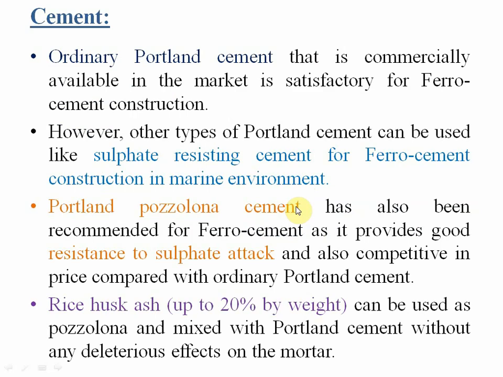The cement used for the production of ferrocement can be ordinary Portland cement, which is also easily available in the market.